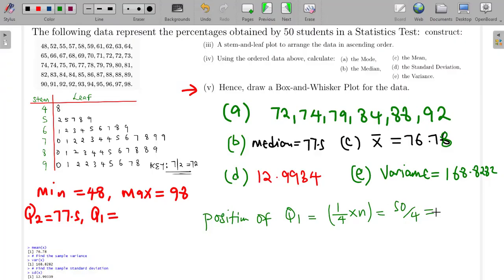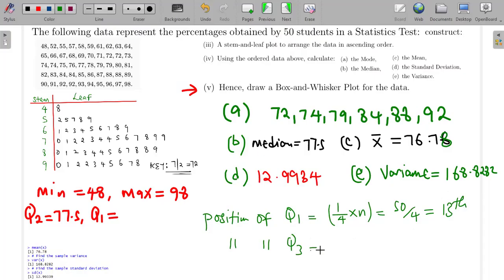What are we going to get? Let's try to do that. So 50 divided by 4, I get 12.5. But now since it's 12.5, I'm going to round it off to 13. So the 13th position is my Q1.